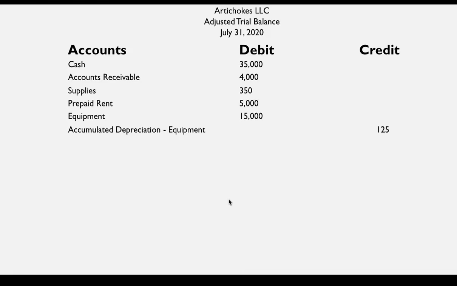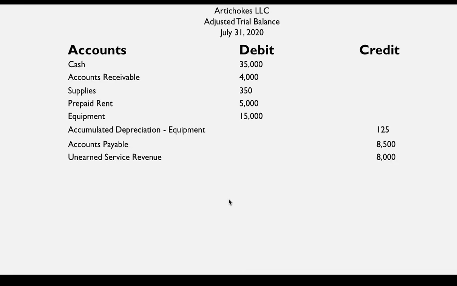So now we can start listing out our liabilities. So we have accounts payable. That was still at $8,500. Then we go to our unearned service revenue. Remember, that decreased by $2,000. So that has its new balance of $8,000 over on the credit side.